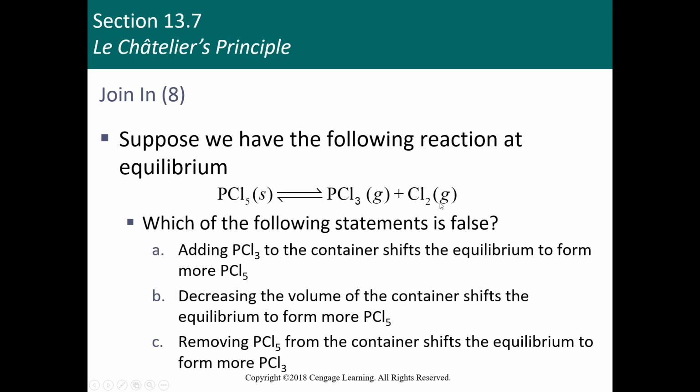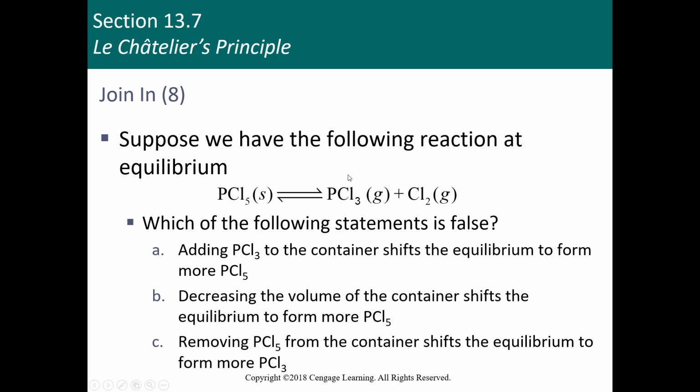Okay? So suppose we have the following reaction at equilibrium. Which of the following statements is false? A. Adding PCl3 to the container shifts the equilibrium to form more PCl5. So if we add more of this, will it shift the equilibrium to form this? Yes, it will.